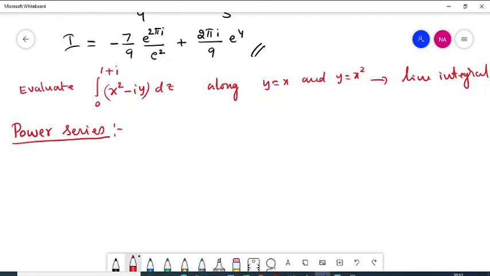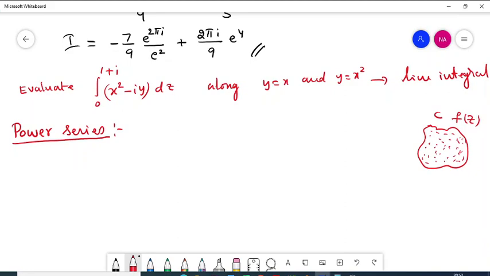See, if you have a simple closed curve C such that function f of z is analytic at all the points inside this simple closed curve.